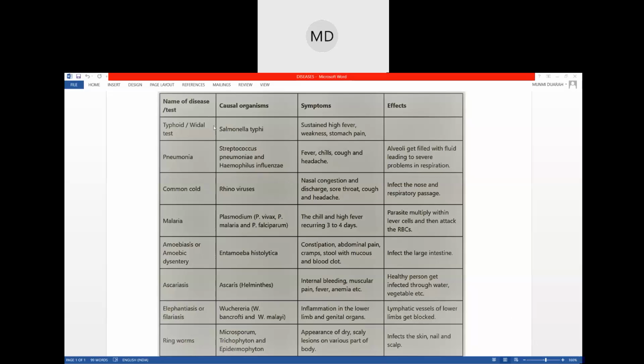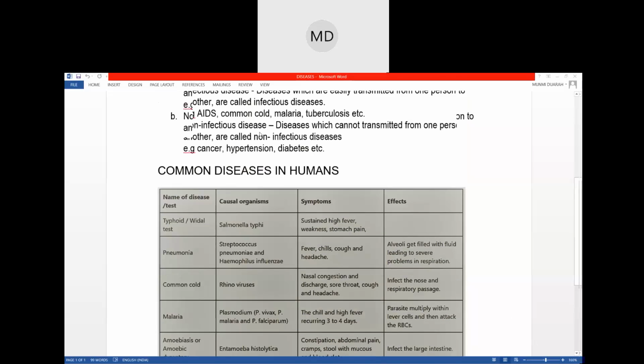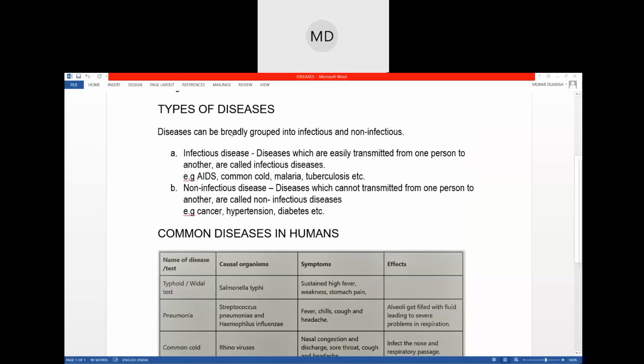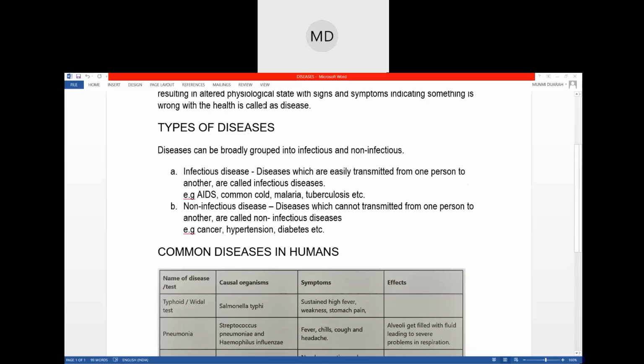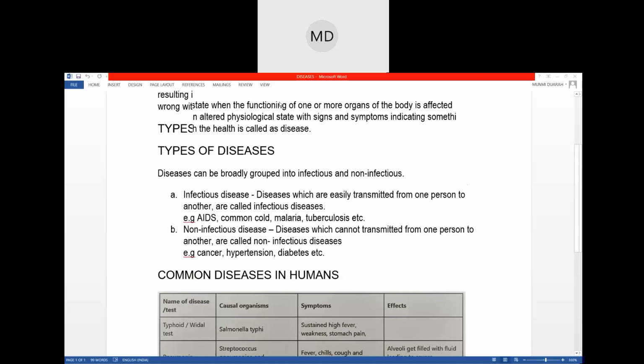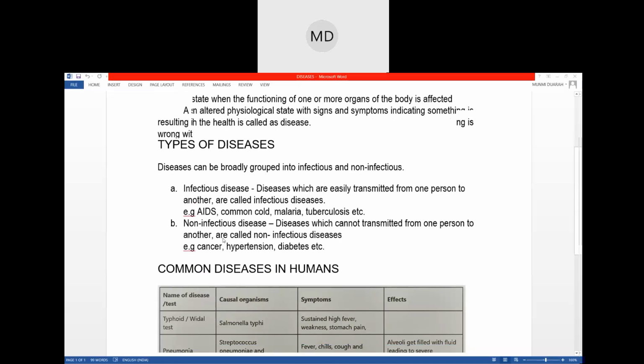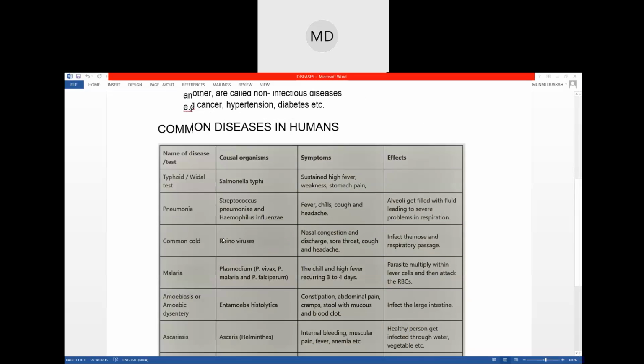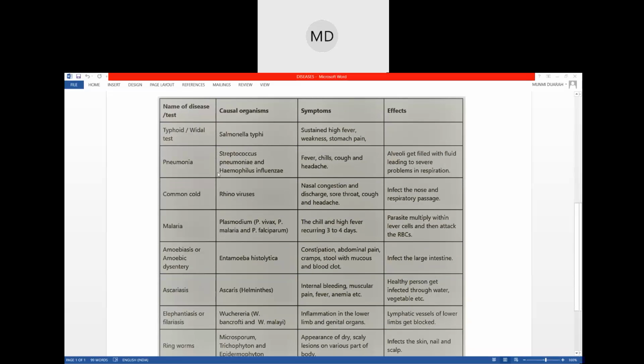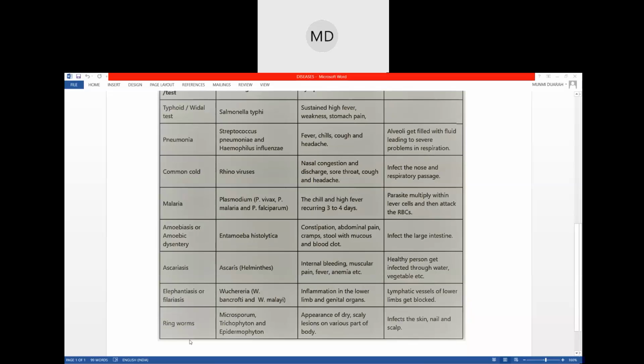So this is a chart. You don't have to look for anything else. For this chapter you just need to memorize the definition of disease and the types of disease, that is infectious and non-infectious, also known as communicable and non-communicable. Then this chart has 8 diseases.